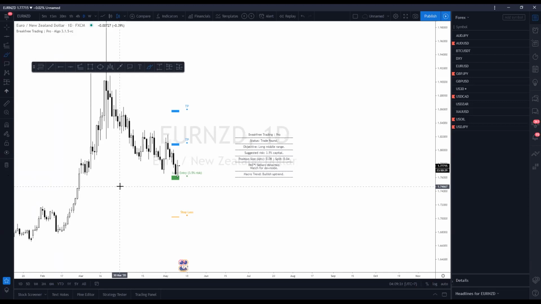What I like to do is the first two positions on TP1, and then the third on TP2. Sorry, no, the third position on TP1, if it's open, right? If it didn't trigger, then you just take both on TP1.